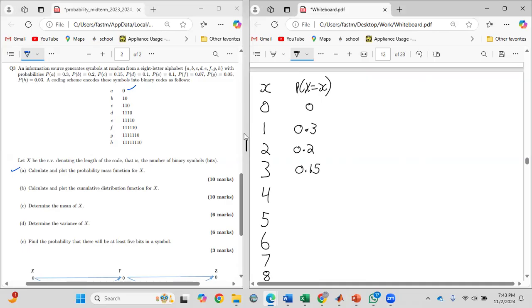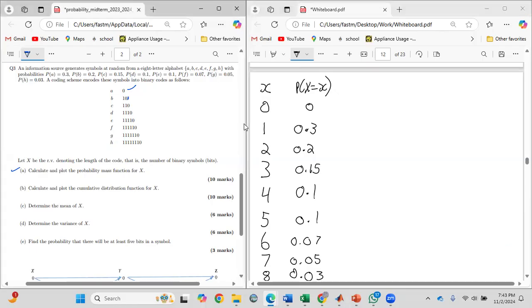Getting 4 bits is D, which is 0.1. Getting 5 bits, 1, 2, 3, 4, 5, is E, which is 0.1 again. And you probably catch the idea by now, so I won't waste your time. And 8 is 0.03. 8 is H, which is here. So you just match it.